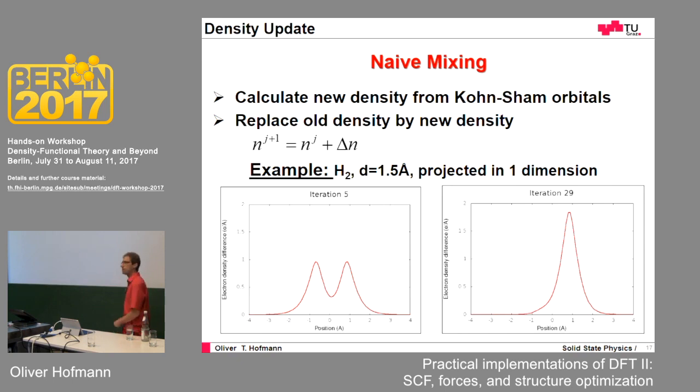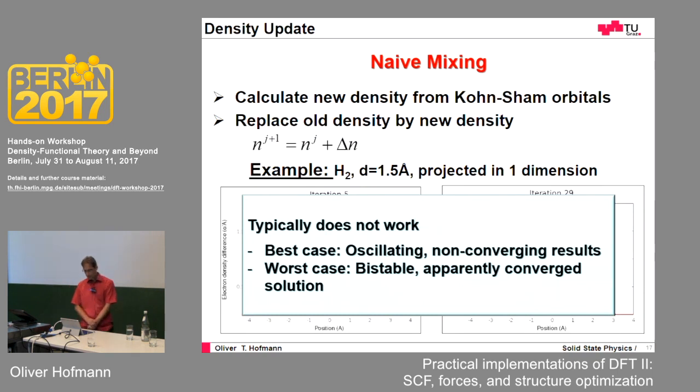And I've stopped after 29 iterations because you can already see that this will never converge. Naive mixing is just not a good idea. In the best case, you get oscillating non-converging results. In the worst case, you can even get bistable results which appear to be converged but are not. This is something that you can see very nicely if you try to converge a silicon atom with LDA, for example.